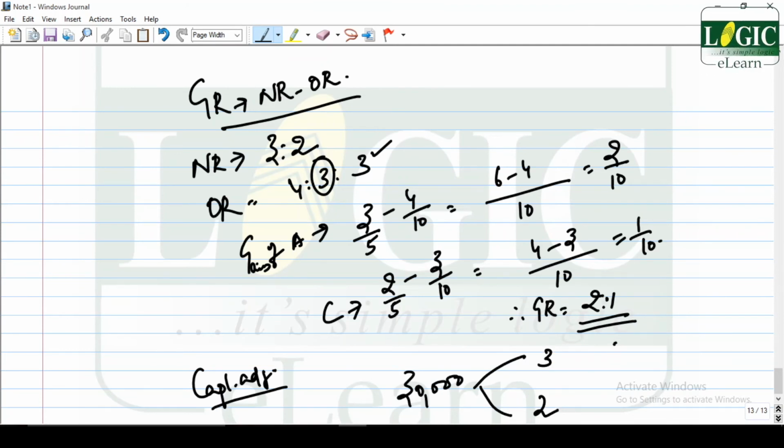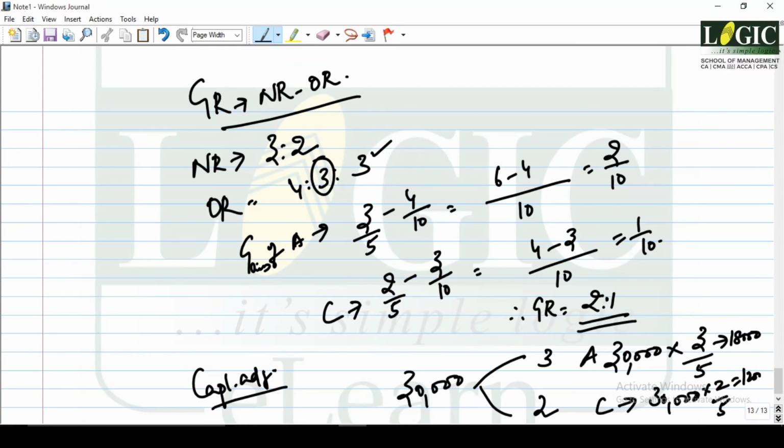So 30,000 is the new capital of the firm. That's 3 by 5, that is 18,000 for A, and for C, 30,000 2 by 5, that is 12,000.